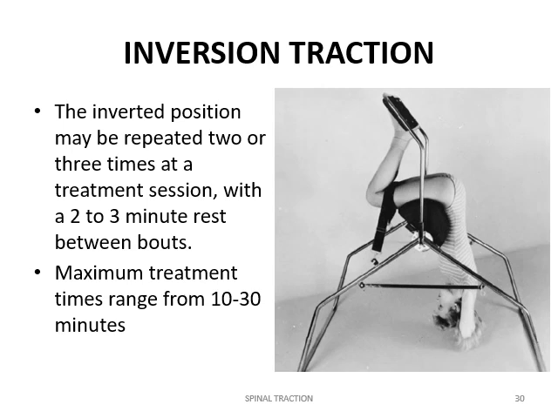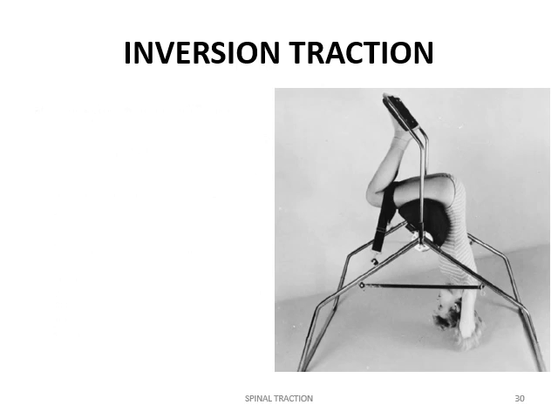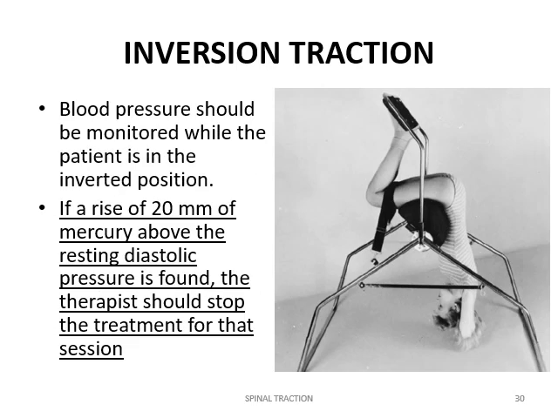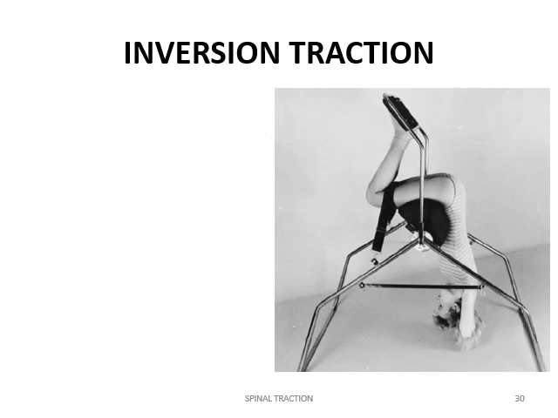Longer treatment times may also enhance the results, and maximum treatment times range from 10 to 30 minutes. Blood pressure should be monitored while the patient is in this inverted position. If a rise of 20 mm of mercury above the resting diastolic pressure is found, the therapist should stop the treatment for that session.